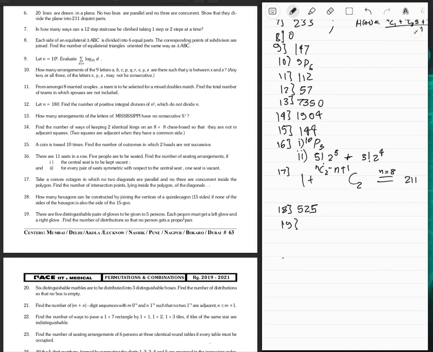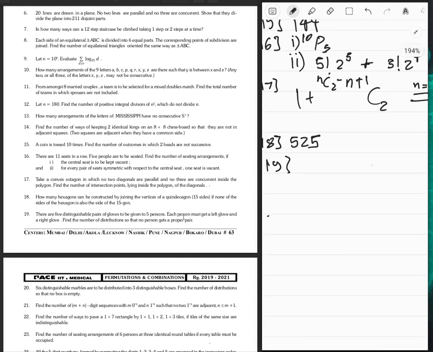Each person must get a left glove and a right glove, and we want the number of distributions such that no person gets a proper pair. Okay, I get it. So first you just want to think about the left hands, right? So 5 factorial ways of giving the left hand gloves to these people, and then for the right hand gloves it's a derangement of 5.